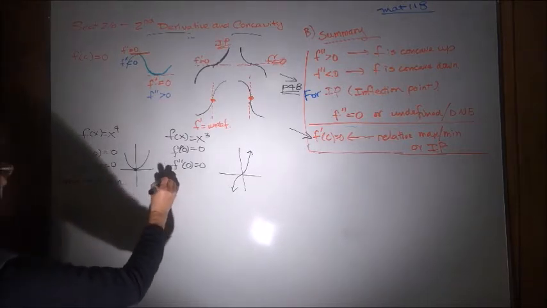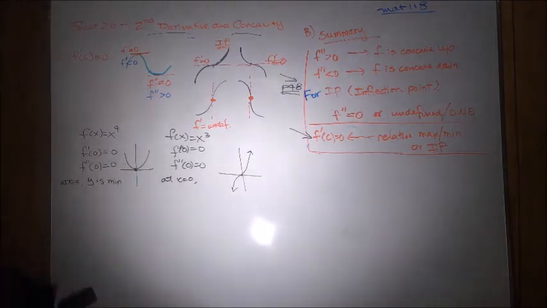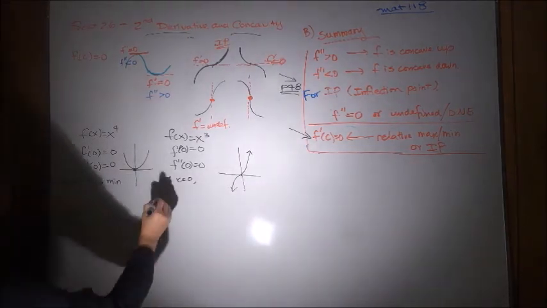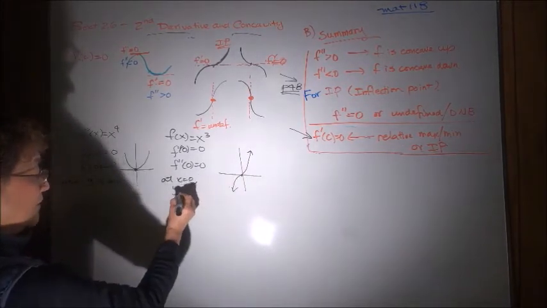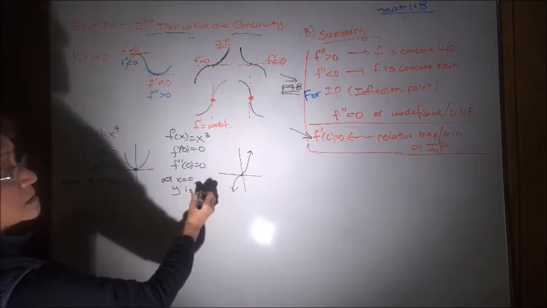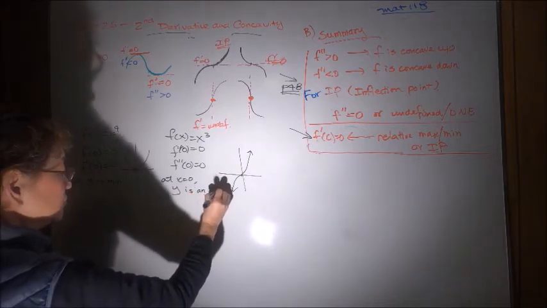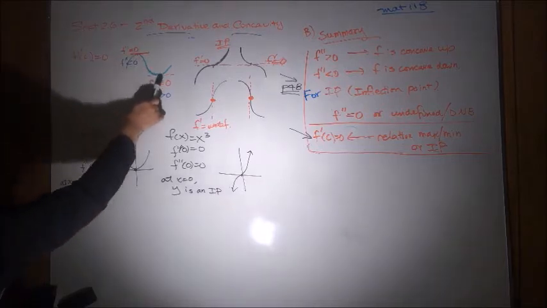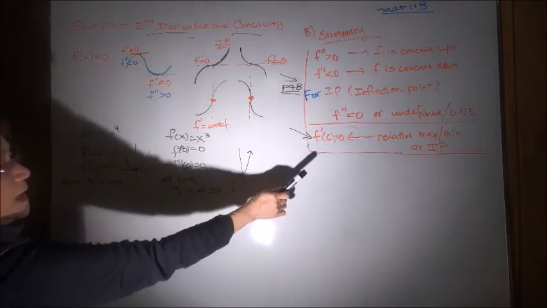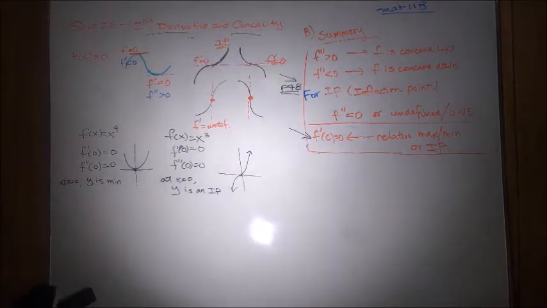So at this point, your y is not minimal. Your y value is an inflection point. Okay, so it's a little bit confusing when f prime is 0. It can be minima or maxima, or can be what? IP point. So that's what we are talking about.